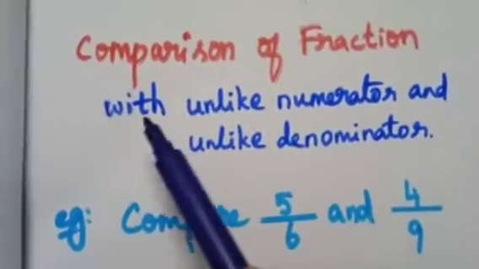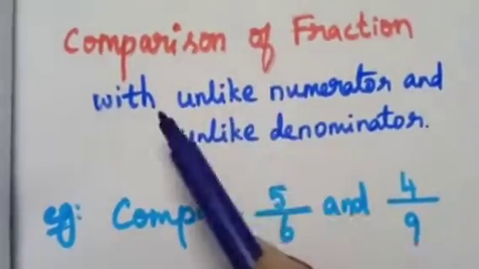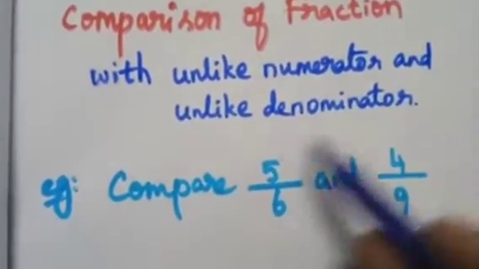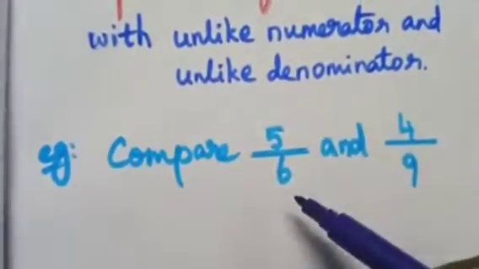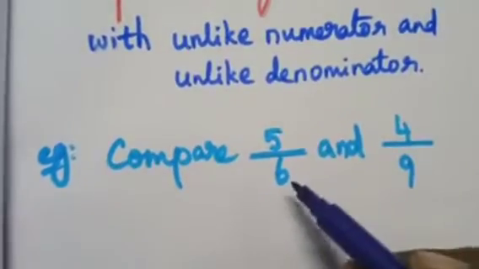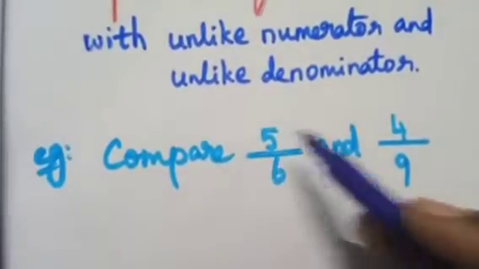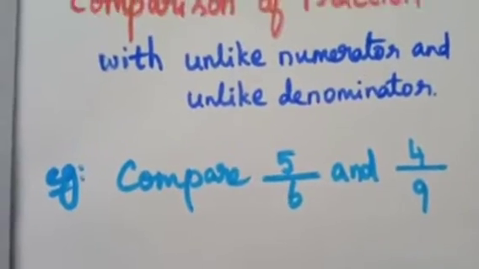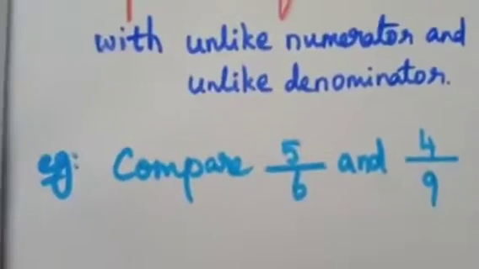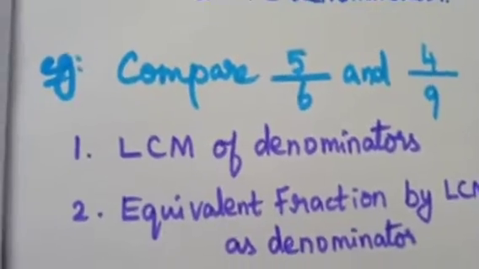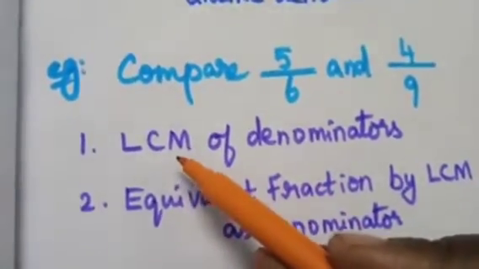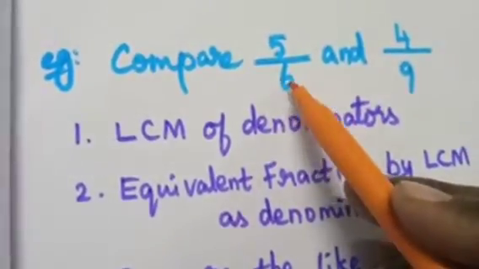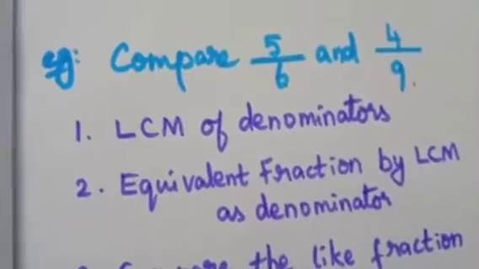Now we are going to compare fractions with unlike numerator and unlike denominator. See here, example 5 by 6 and 4 by 9. See, the denominators are different and the numerators are also different. So let us check how to find the largest number. First step, we have to find the LCM of the denominators.